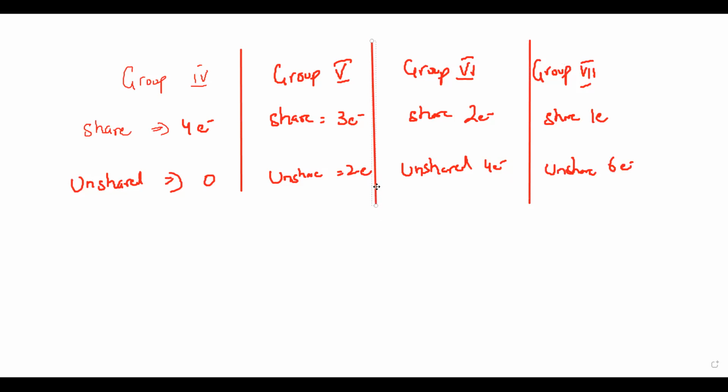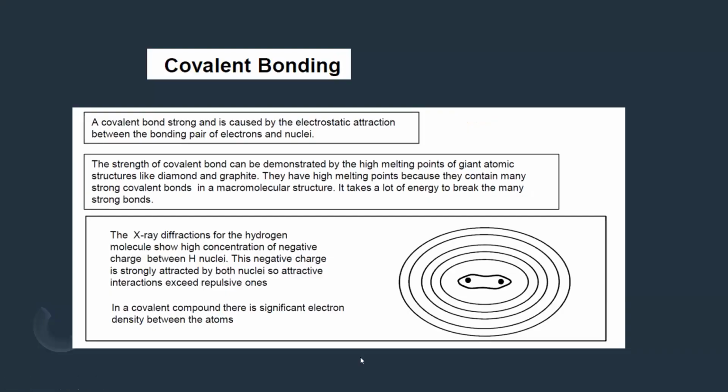Now, what is the experimental evidence that there is a covalent bond, or a sharing of electrons between the atoms? When we carry out X-ray diffraction of hydrogen, where we have hydrogen gas, we are passing X-rays through a sample of hydrogen molecules.